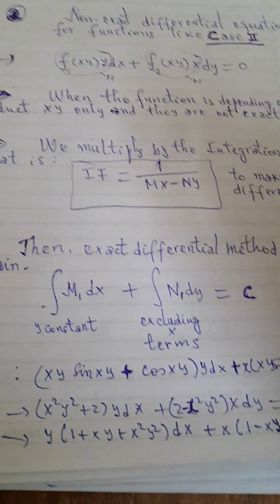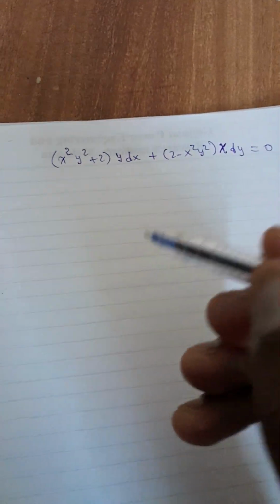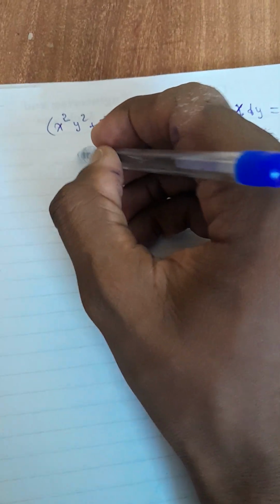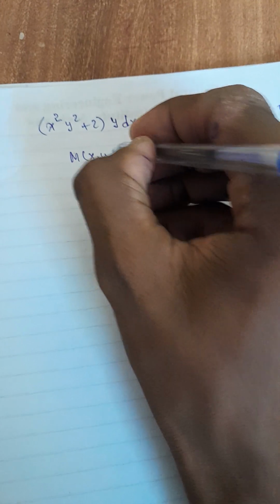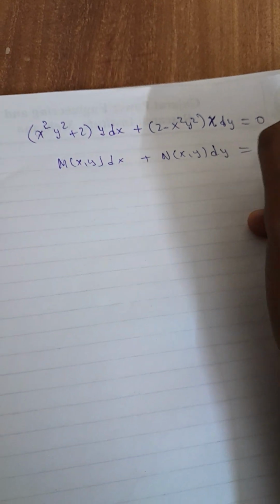See, here we have this function. The first thing we have to do is to check whether this function is an exact differential equation or not. So just compare with the expression M(x,y) dx plus N(x,y) dy equal to 0.